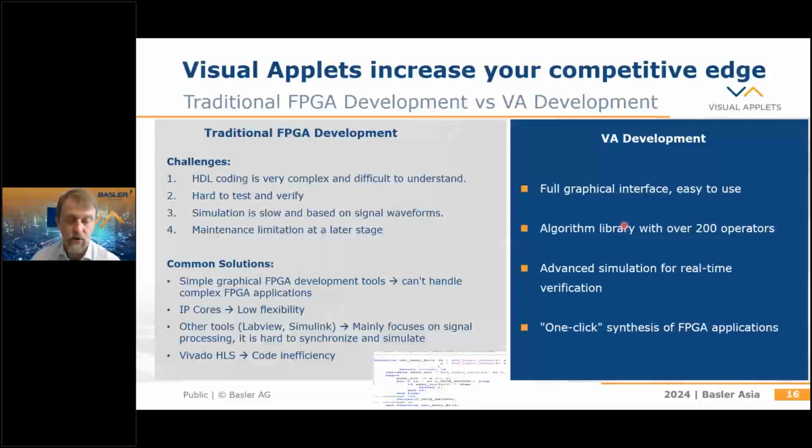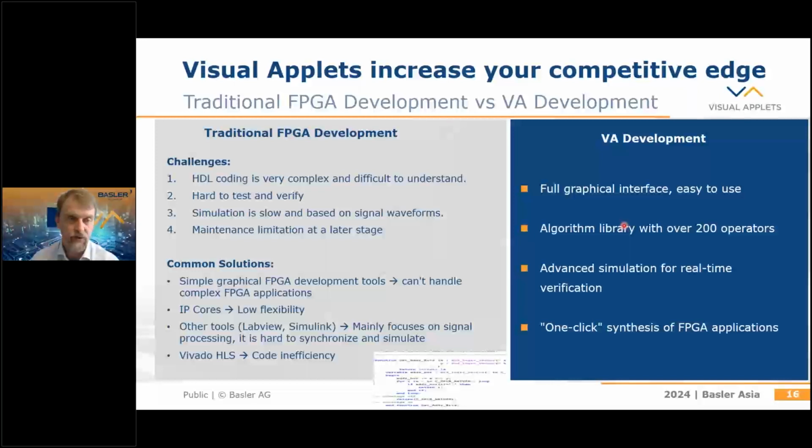During the design time, without having access to the hardware, you can already simulate on the basis of image data what will happen in detail in the FPGA. We simulate bit by bit exactly, but still performant, what will happen inside of the frame grabber.